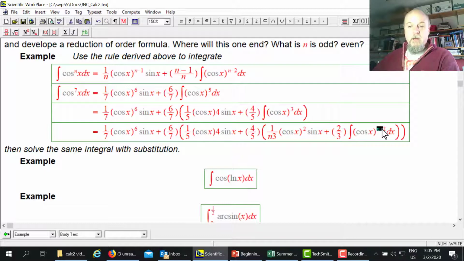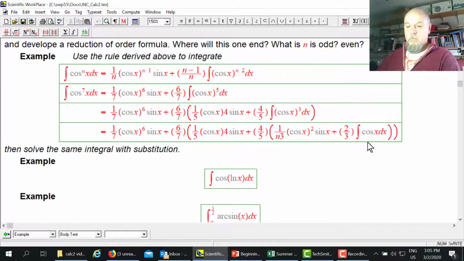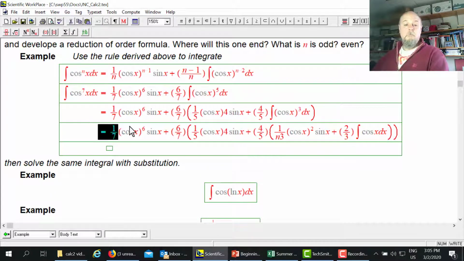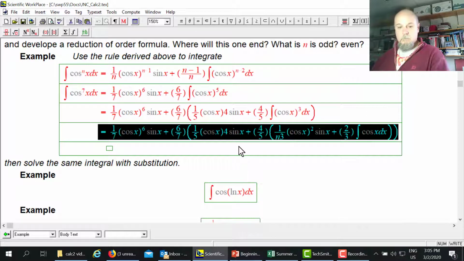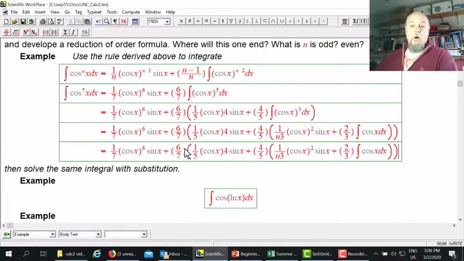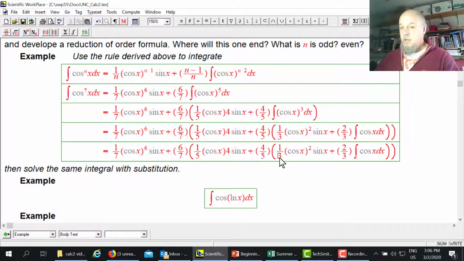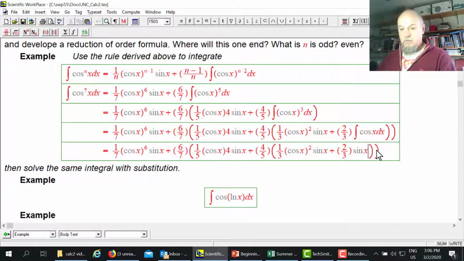And 3 minus 2, that's just cosine now. Okay, the only integral left here, oh, I made n is equal to 3 here. So the only integral left here is integrate cosine, which is just sine. So I'm replacing this whole thing here with sine x. Almost done. Plus c. Now I'm done.